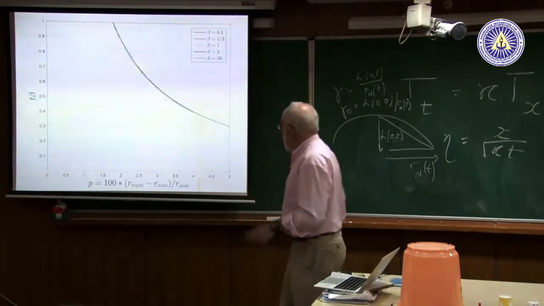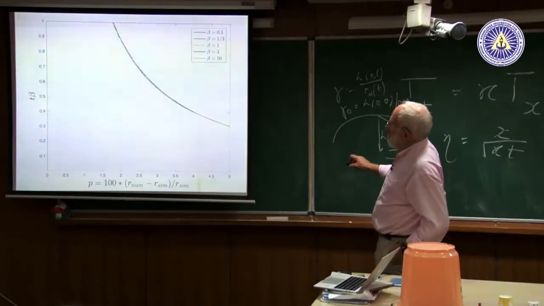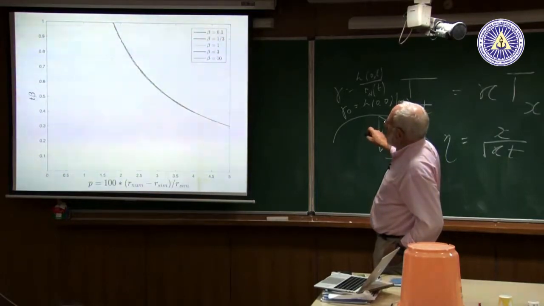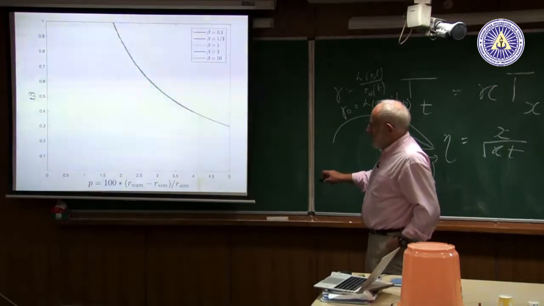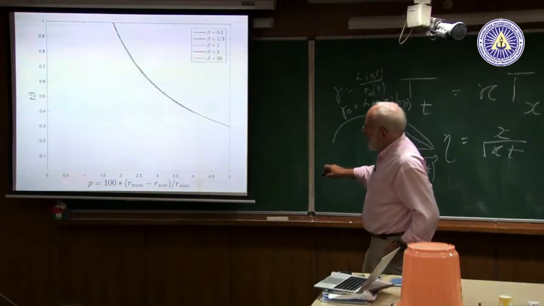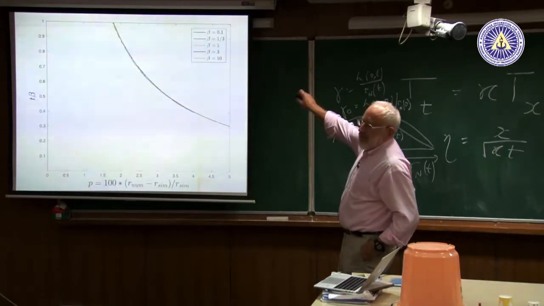Now, here's an example of tau properly normalized with beta, so it all falls together, against P, the percentage accuracy. The only way you can get totally correct is if you go forever.